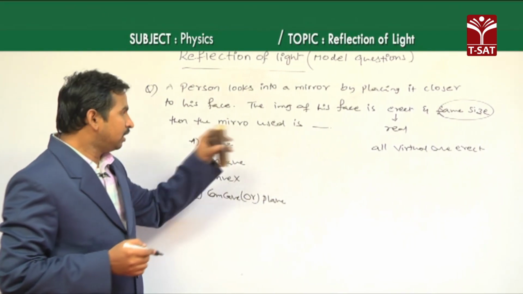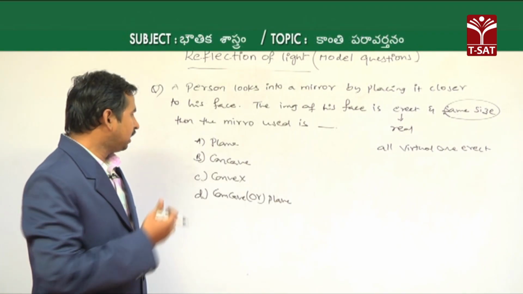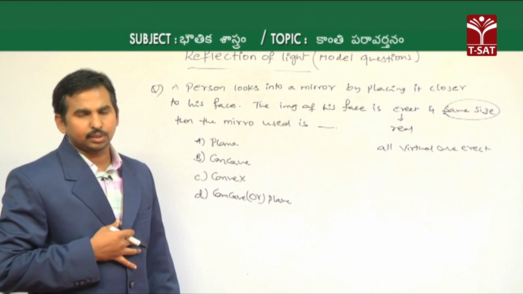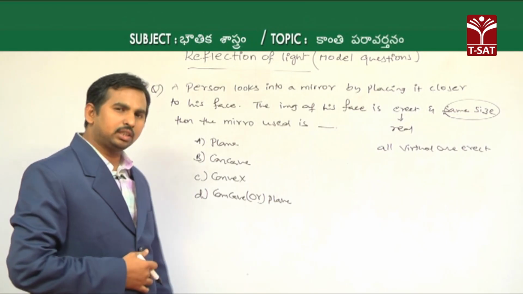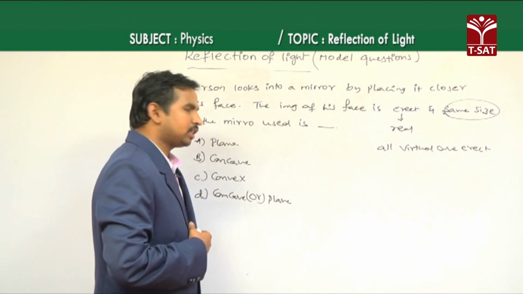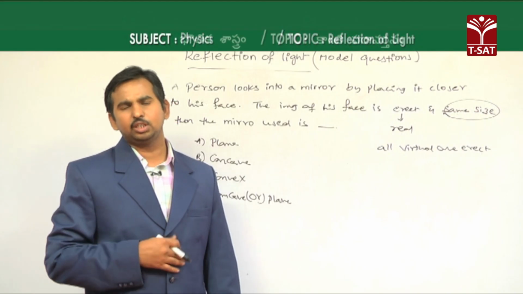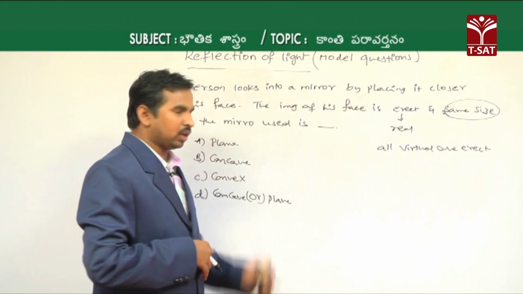So in that case the option will change and we can use convex or concave as the other options. Whereas we know the image characteristics of a convex mirror are that it always forms a virtual, erect and diminished image.